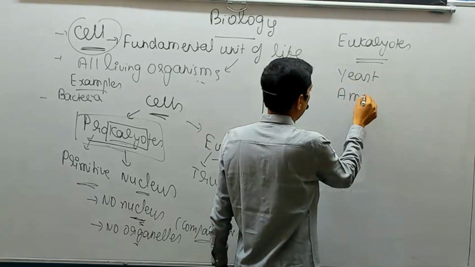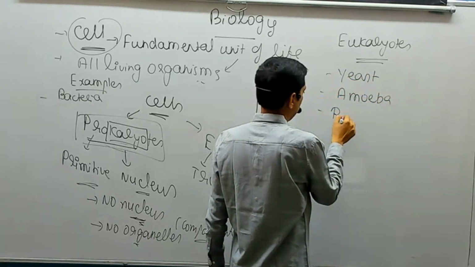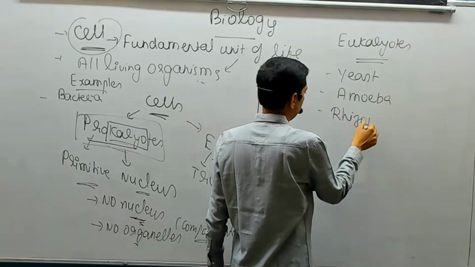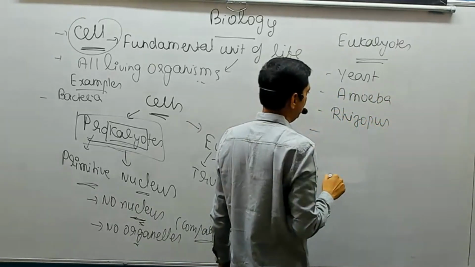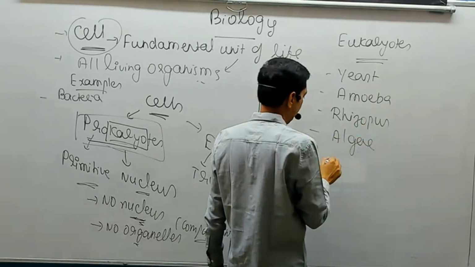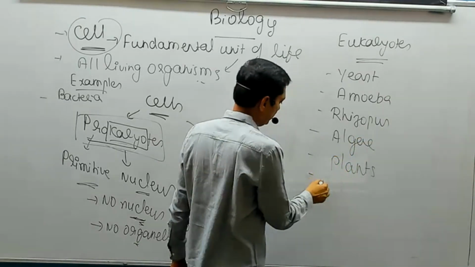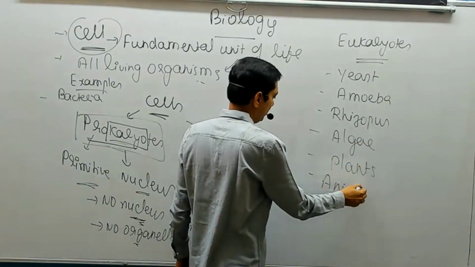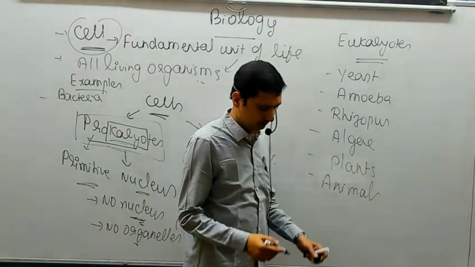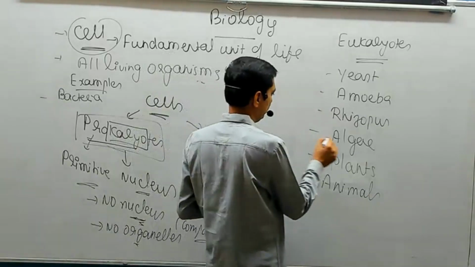amoeba, rhizopus, algae, plants, animals. Which of them are eukaryotes? Tell me. Algae, eukaryote. Okay, fine.